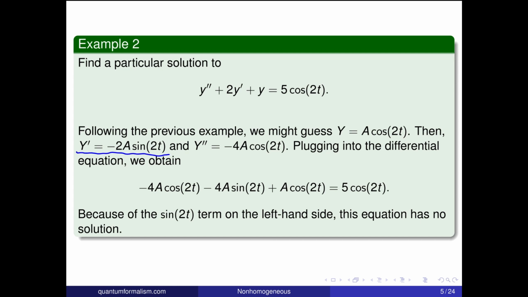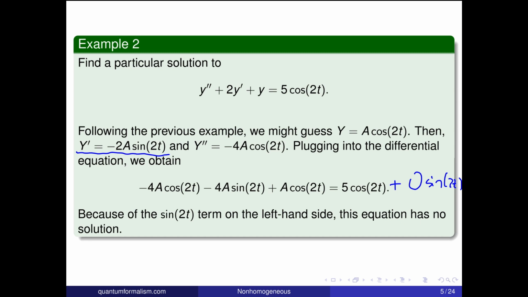So unlike this exponential function e to the minus 3t, where a derivative stays as a constant times e to the minus 3t, this time we'll alternate between cosine and sine. And since there's no sine term showing up on the right-hand side, there's no way this is going to work out, right? We're trying to get 5 cosine of 2t plus 0 sine of 2t on the right-hand side. So you could choose A to get a 5 cosine of 2t showing up, but then you'd have this extra sine of 2t term there.